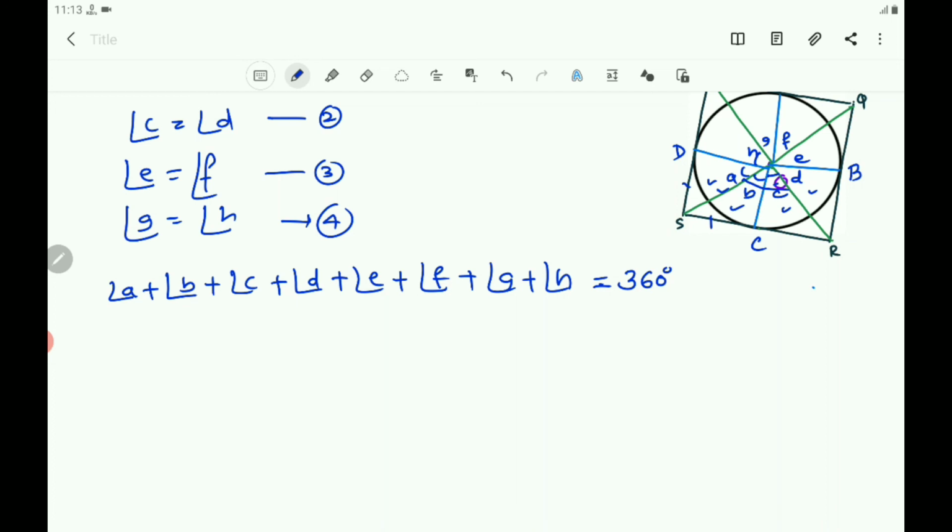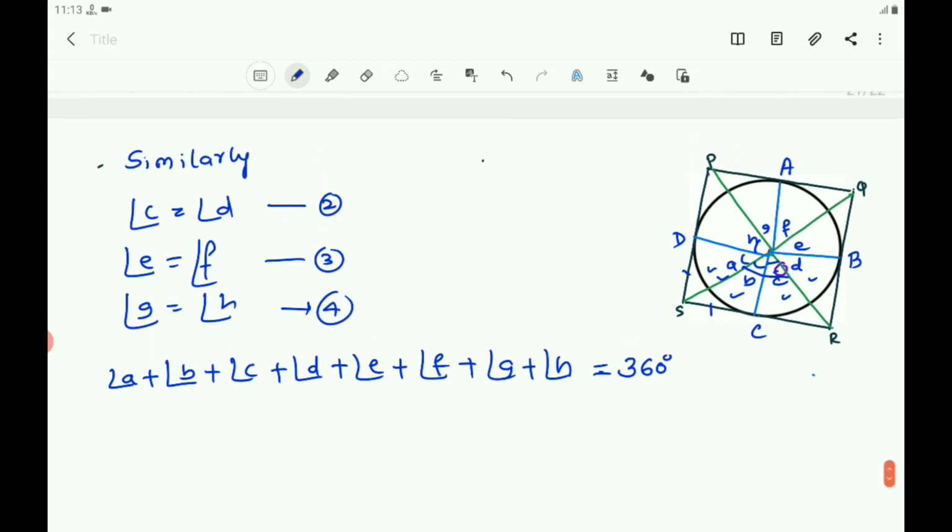That becomes the complete angle at the center O, which equals 360 degrees. Now you decide which pair of the angles made by the opposite sides are equal.